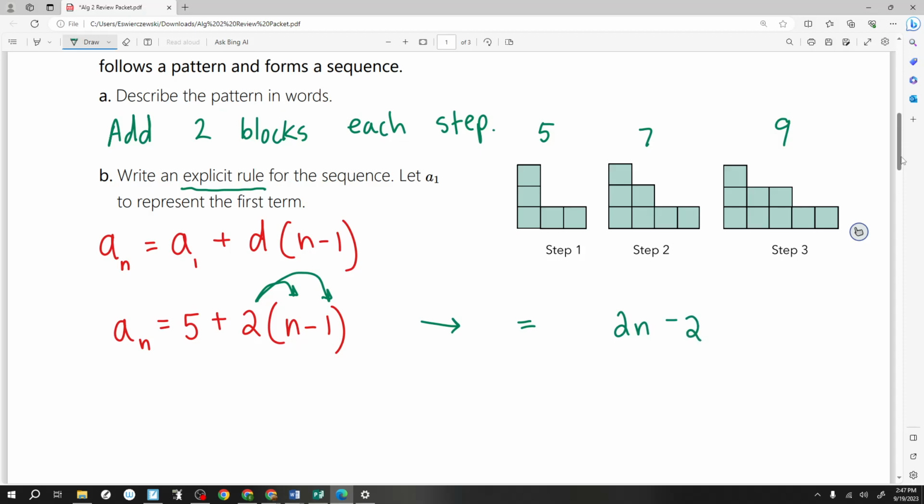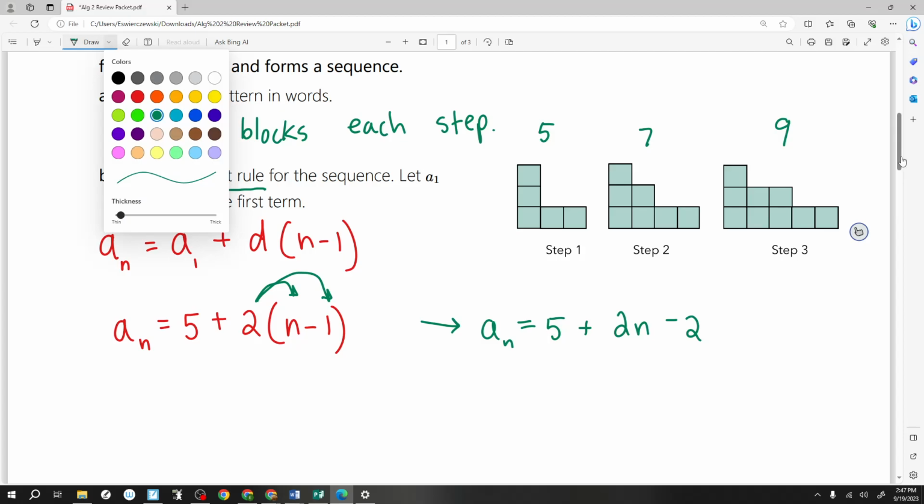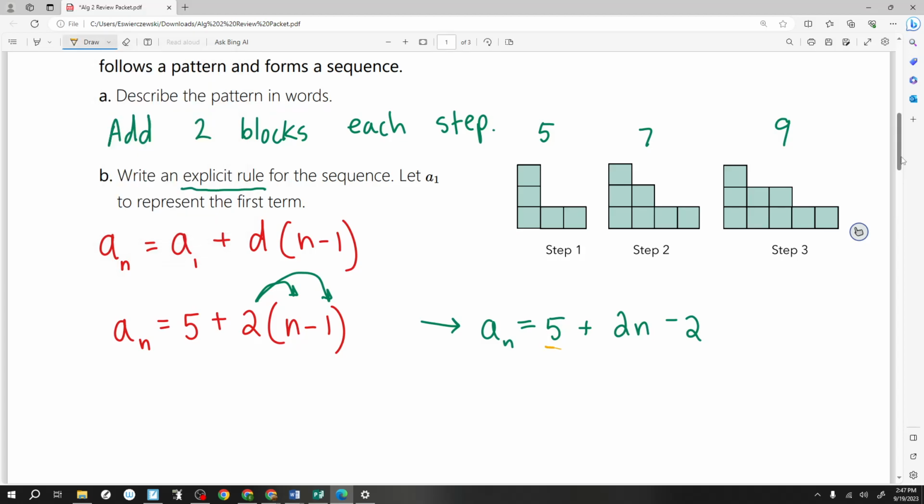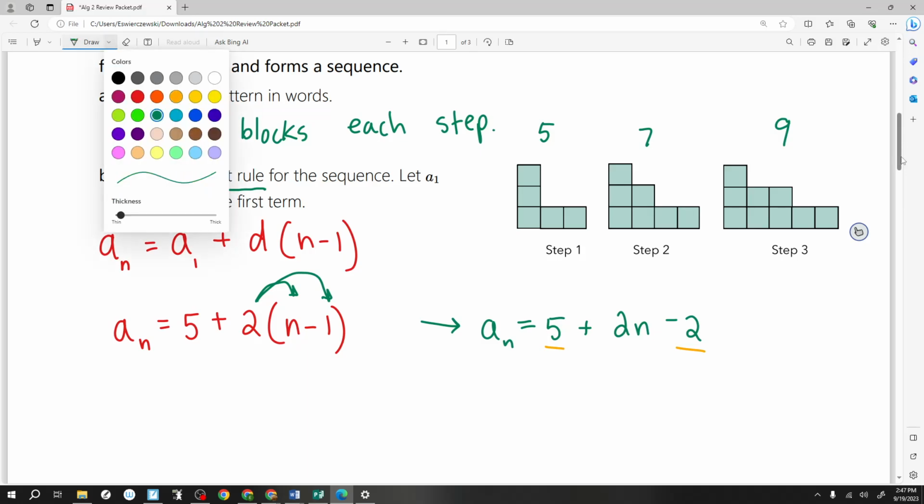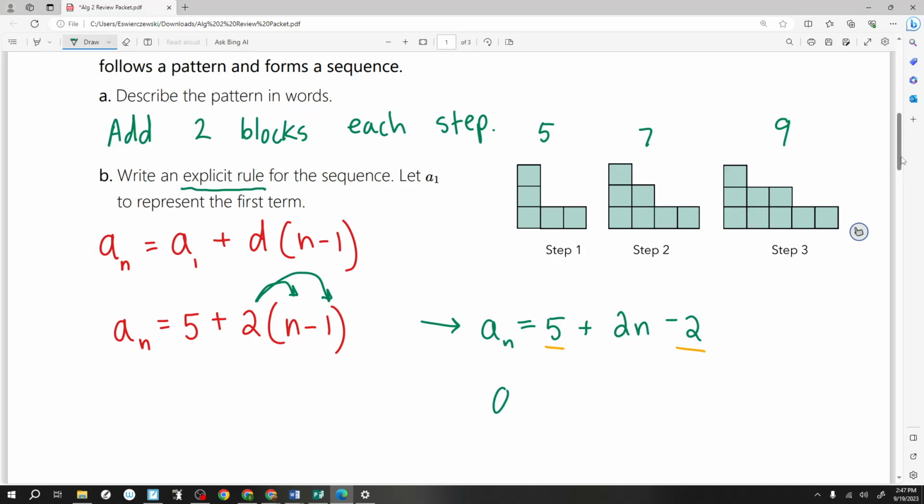Negative 2. The 5 I didn't change. So I would get something like this. And then is there anything I can combine? 5 and negative 2. What is 5 and negative 2 when I combine them? 3. So this would be another way that you would get the right answer.